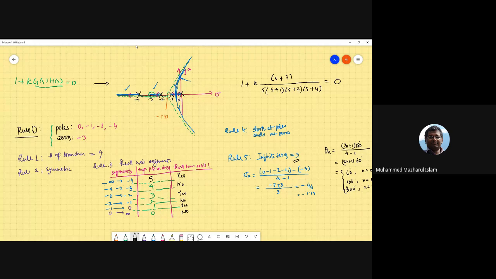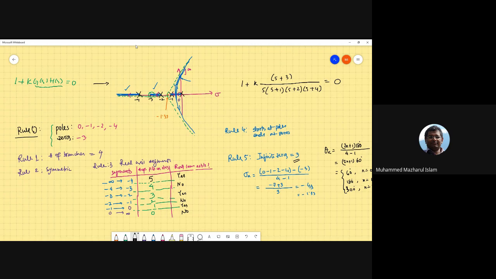Now, rule number 4 and 5 are actually together. Rule number 4 lets us decide on the number of asymptotes required in the root locus drawing. Each branch of the locus starts at a pole and ends at a zero.